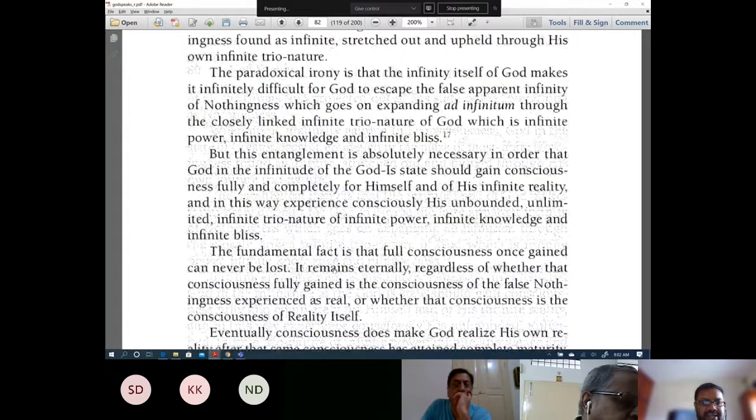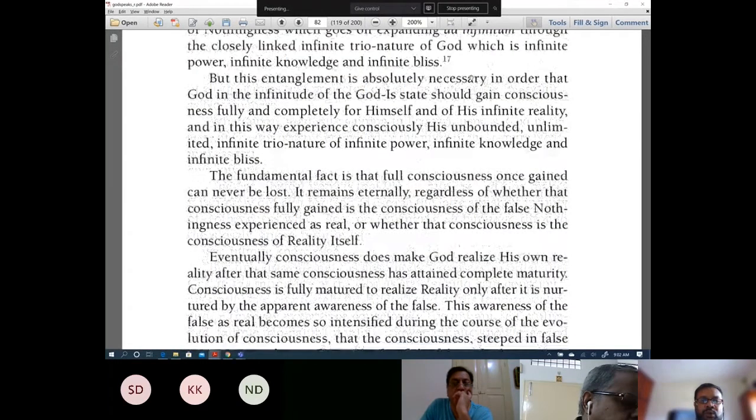But this entanglement is absolutely necessary in order that God, in the infinitude of the God-is state, should gain consciousness fully and completely for himself and of his infinite reality, and in this way experience consciously his unbounded, unlimited, infinite trio nature of infinite power, infinite knowledge, and infinite bliss.